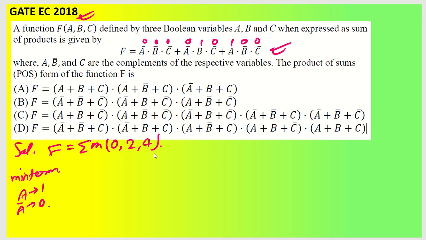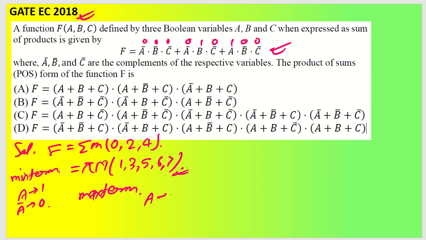So what would be the equivalent in max terms? It will be the multiplication of max terms: 0 is gone, 2 is gone, 4 is gone, so what remains is 1, 3, 5, 6, 7. At the same time you have to understand that a max term considers a as 0 and a bar as 1.